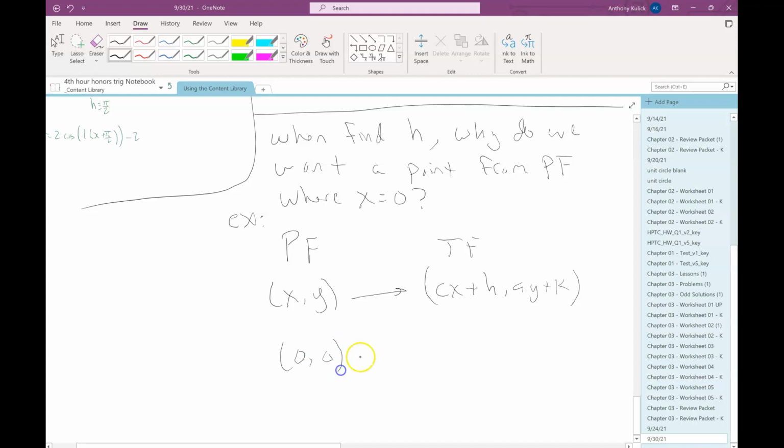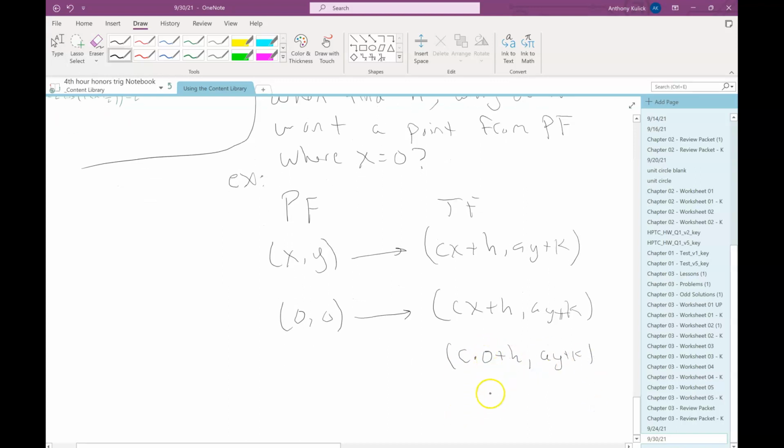If I have 0, 0, and that's going to cx plus h, ay plus k, that tells me that when I plug 0 in, c times 0 is 0 plus h.